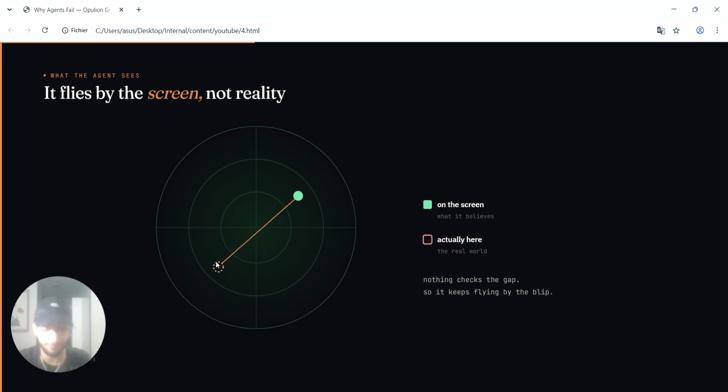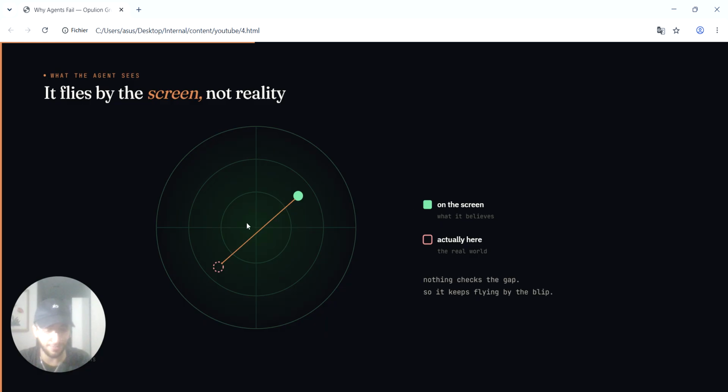Now, watch when these two drift apart and nothing in the system checks the gap between them. The agent keeps navigating by the green dot, by the screen that it has, and every decision from that moment on is made against a reality that has already stopped existing.